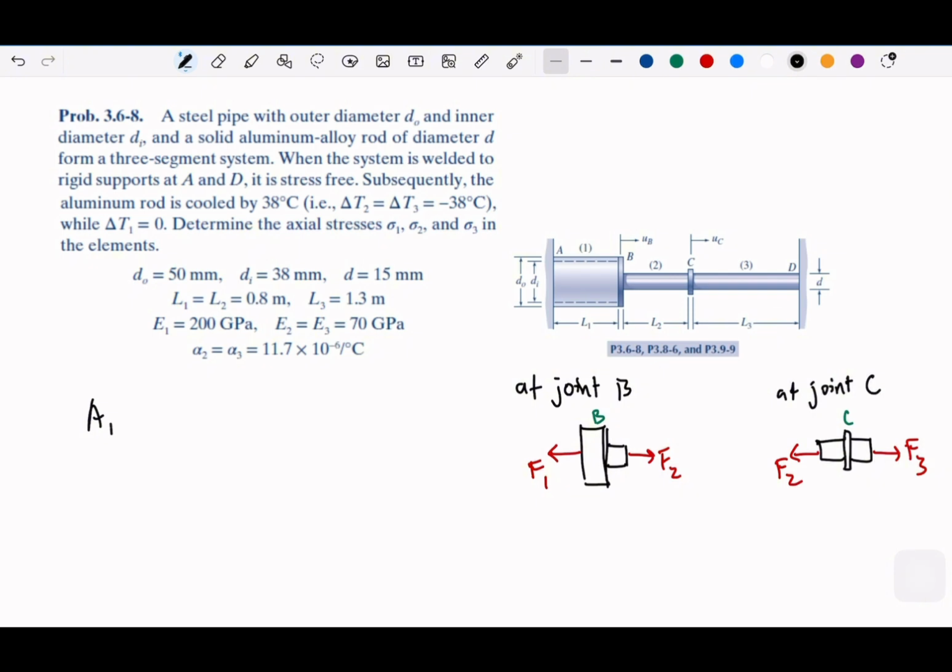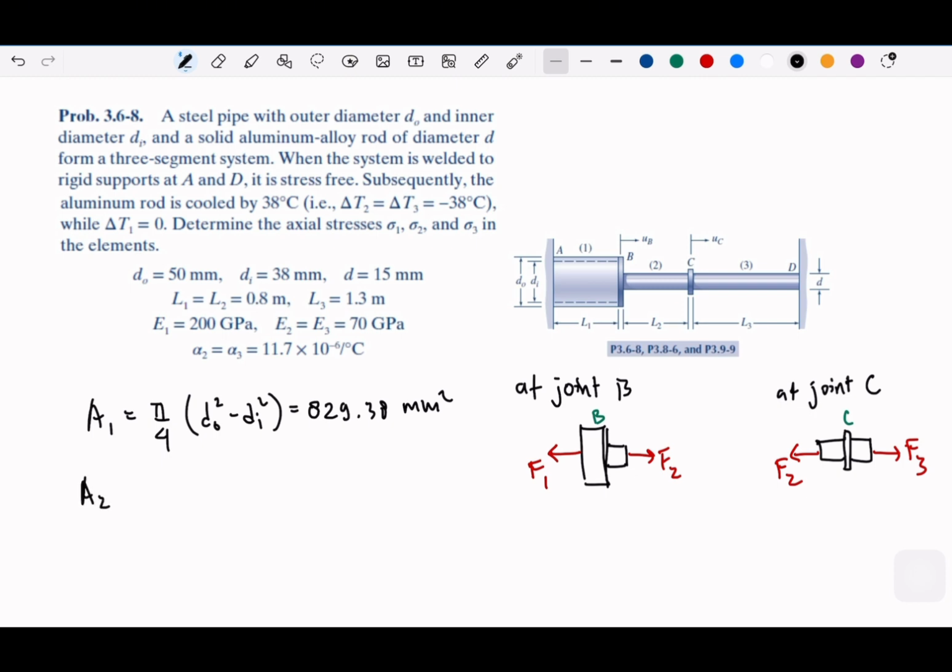We can start maybe by computing the area. Let's say area 1. It has two diameters, so we need to use these two diameters. So pi over 4 times outer diameter squared minus inner diameter squared. This will be equal to more or less 829.38 millimeters squared.